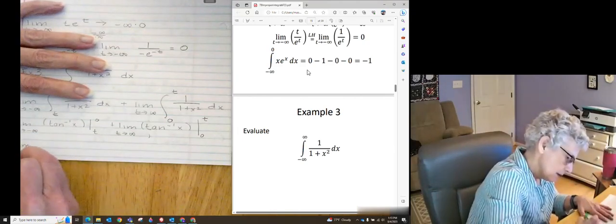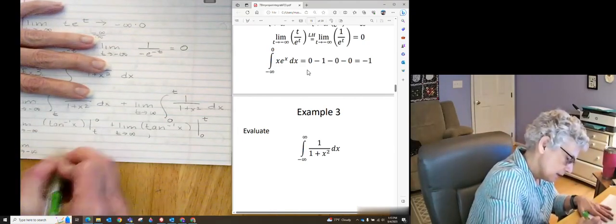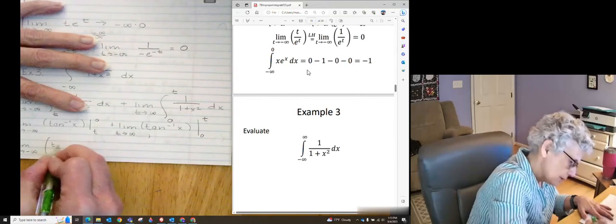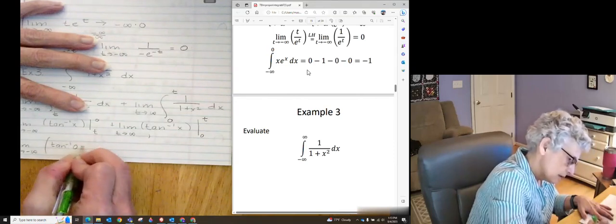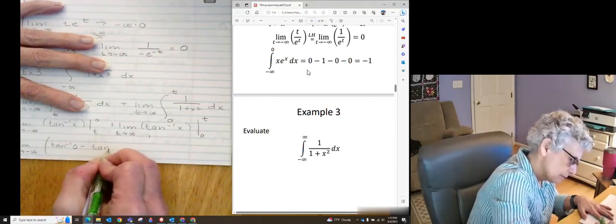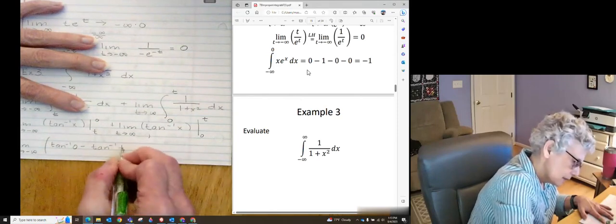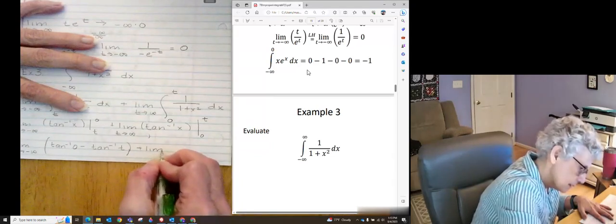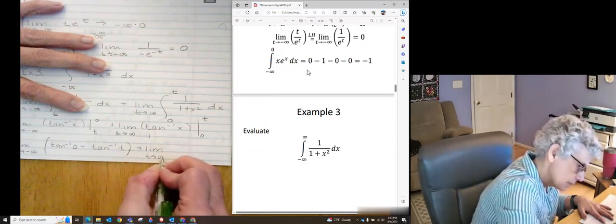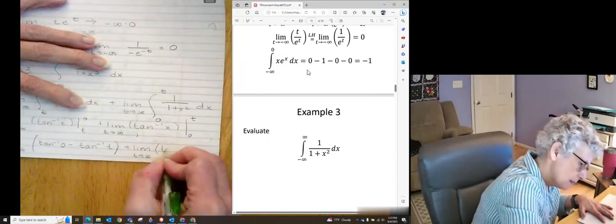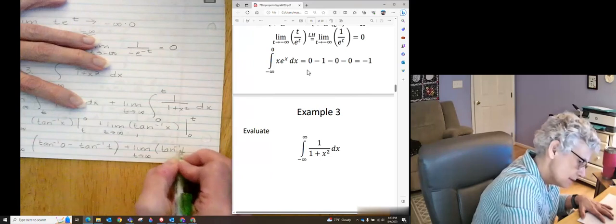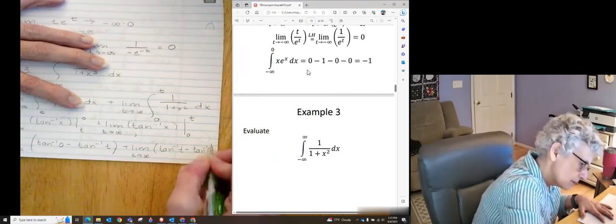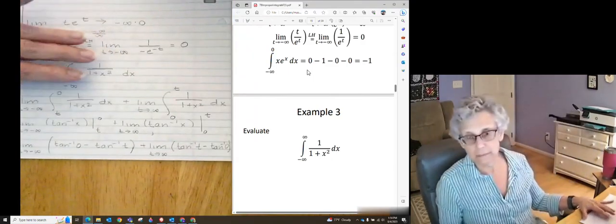The limit as t approaches negative infinity, I put 0 in first, inverse tan of 0 minus inverse tan of t, plus limit as t approaches infinity, inverse tangent of t minus inverse tangent of 0.